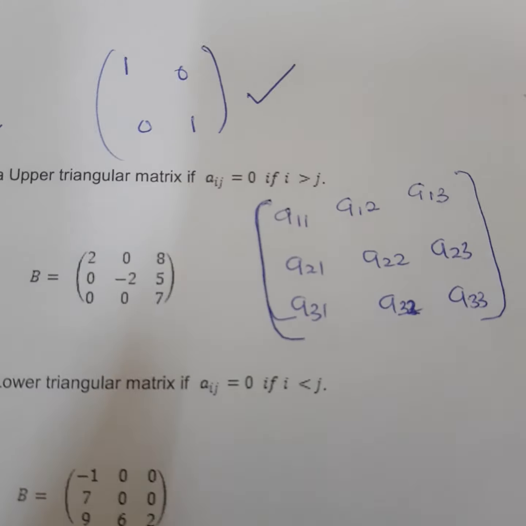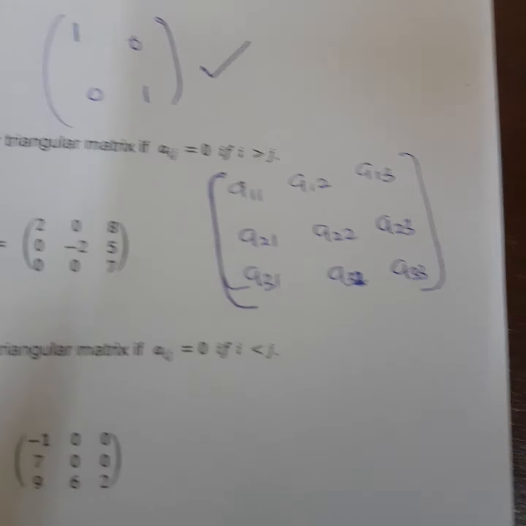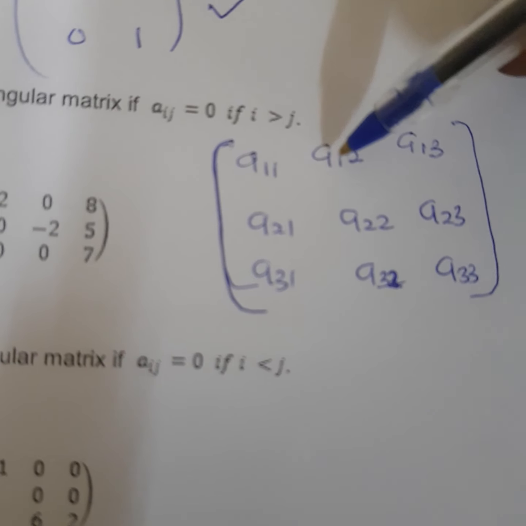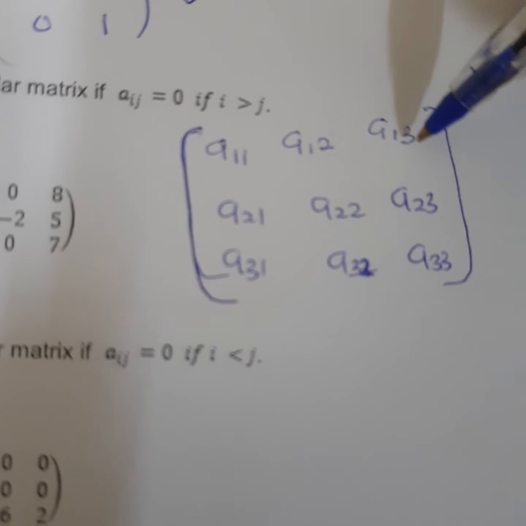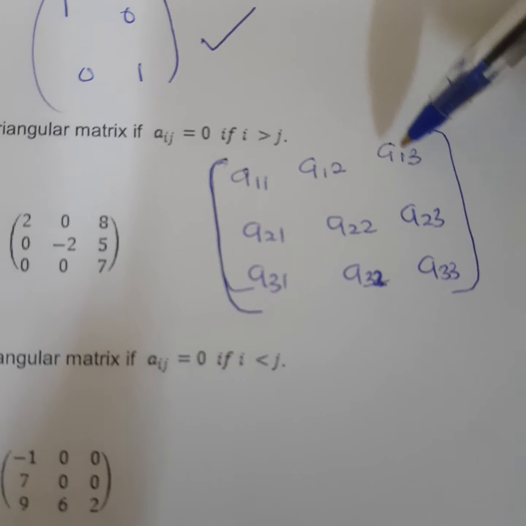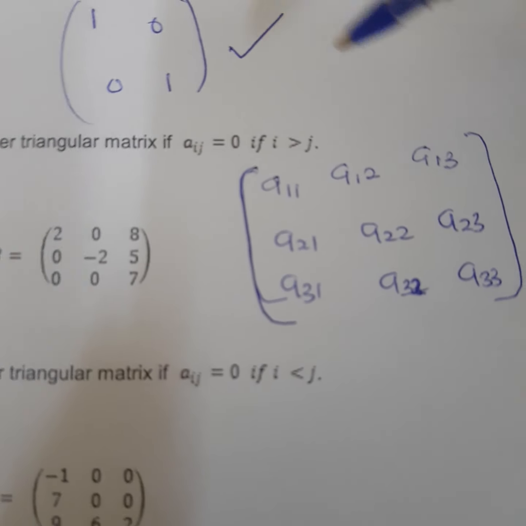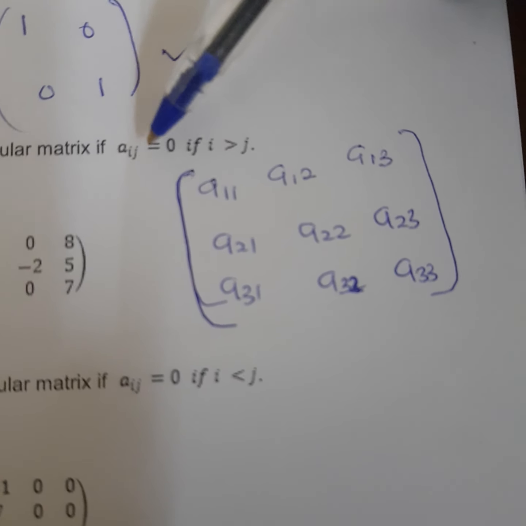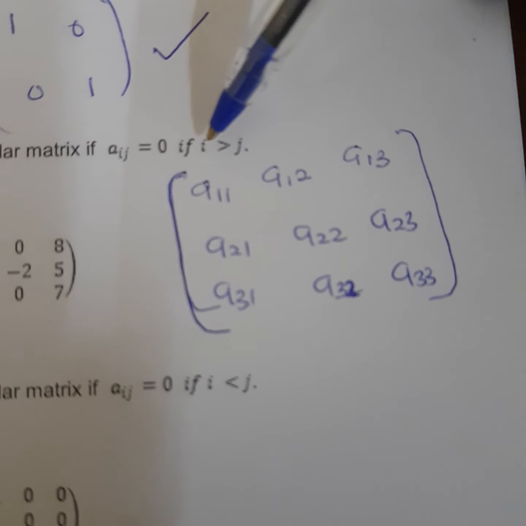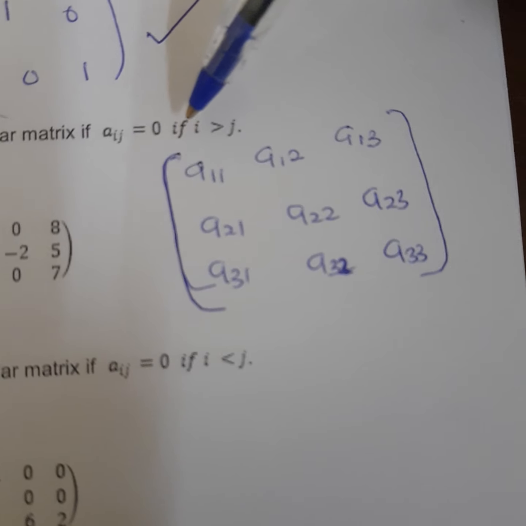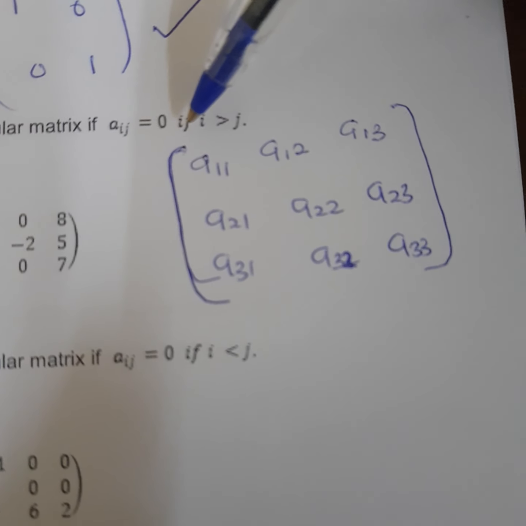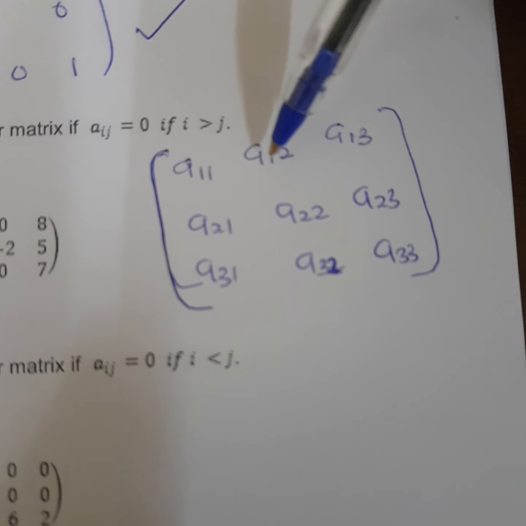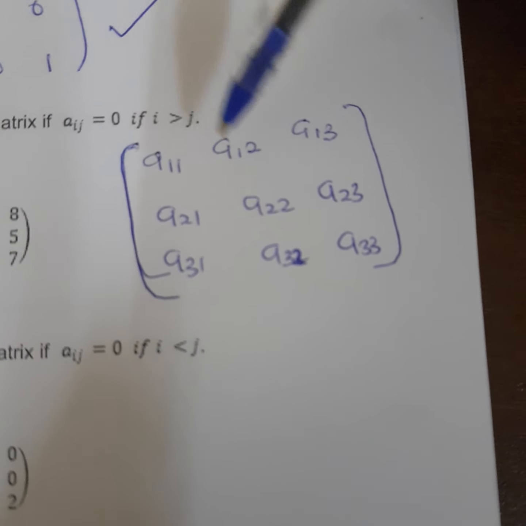So let's use this matrix here, a11, a12, a13, to explain what we have just seen. From this you realize that they said a_ij is equal to 0 if i is greater than j.